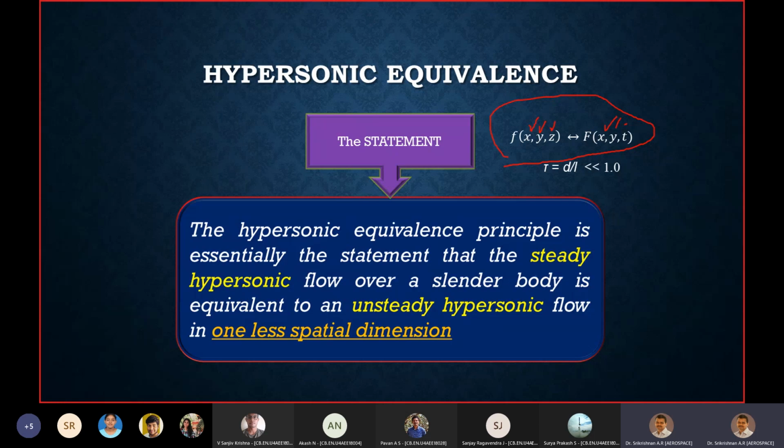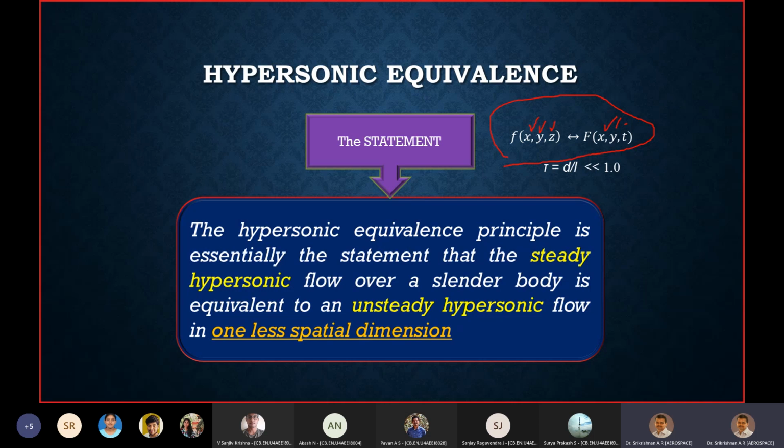One less spatial dimension. That is, if I am talking about 3D steady flow, then the equivalence will be to 2D unsteady flow. If I am talking about 2D steady flow, then the equivalence will be with 1D unsteady flow. So 2D steady versus 1D unsteady, or 3D steady versus 2D unsteady, subject to the assumption of slenderness of the body.